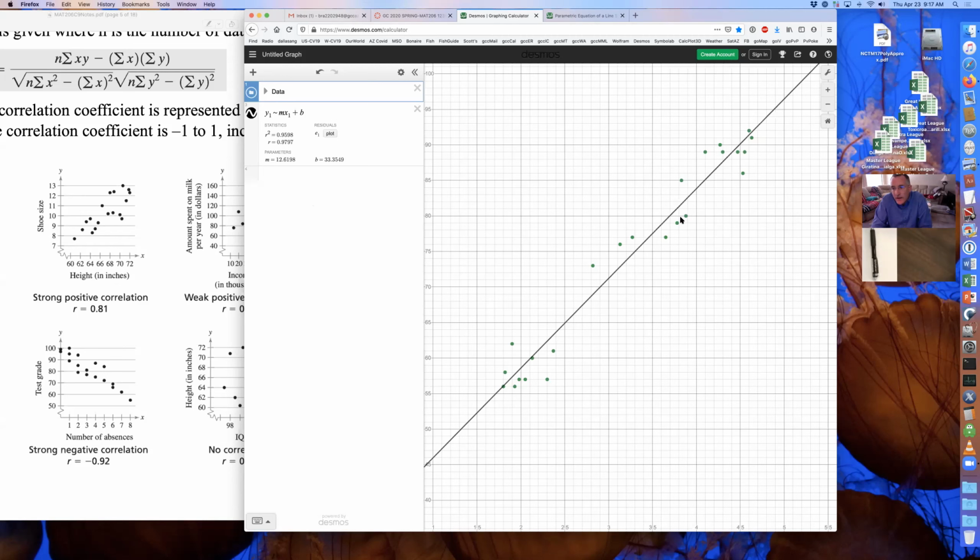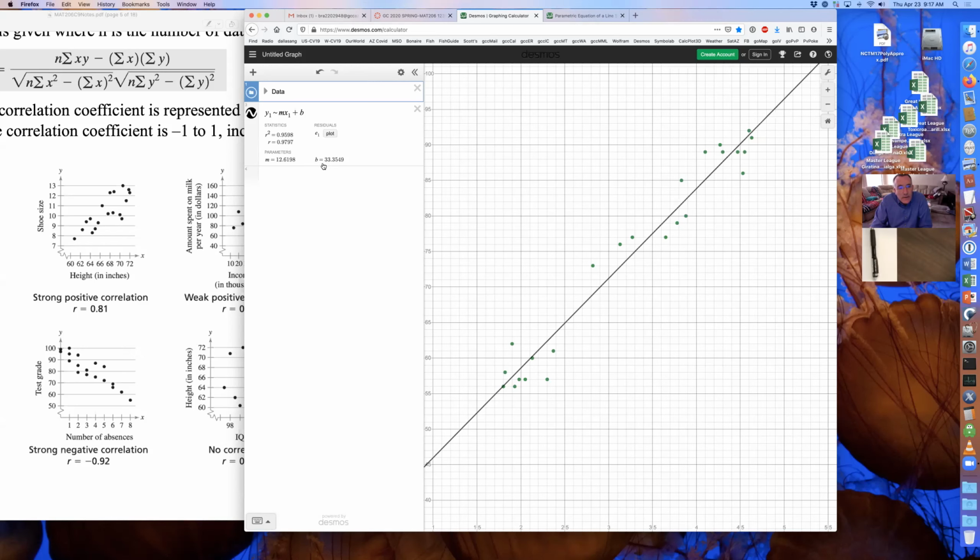In this case, our line has a slope of about 12.6 and an intercept of 33.4 or so. And that line is going to go through the data the best. In other words, those green dots are going to miss this line by less than they would any other line that we could draw.